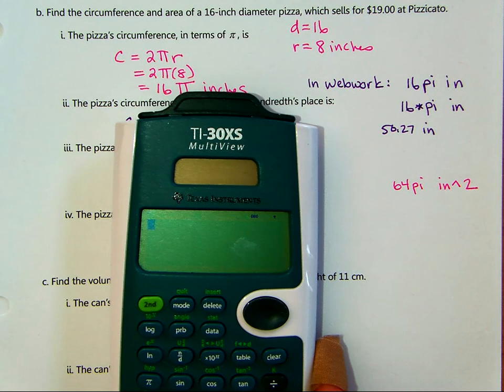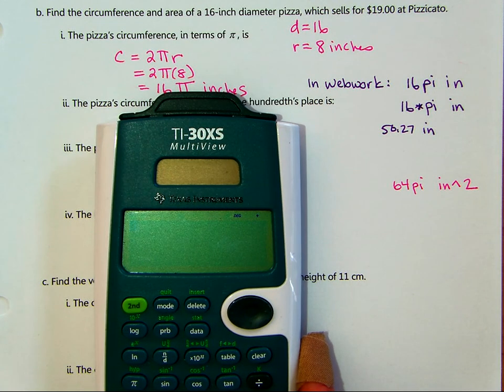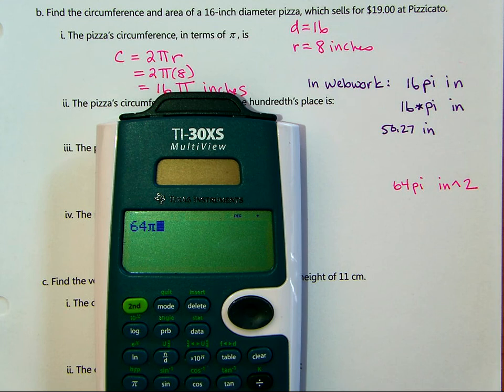So that was 64 pi. And then I need my decimal key. 201, what's the nearest hundredth? Yeah, 0.06, because the next one's a 1.